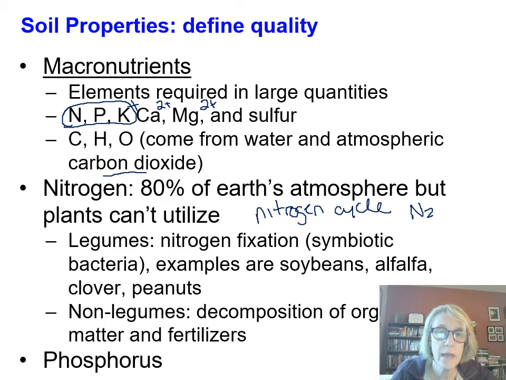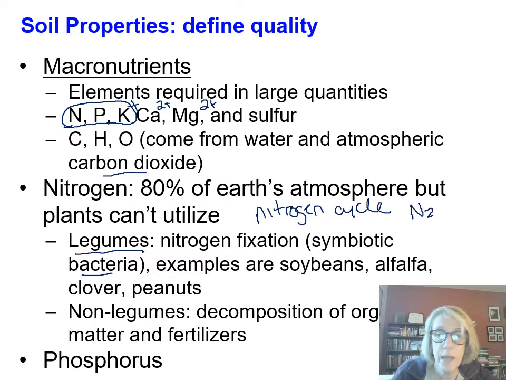And so one way to do that is certain plants actually have symbiotic bacteria that work with the roots, and they fix nitrogen. So soybeans, alfalfa, clover, peanuts are all examples of plants that are nitrogen fixers. And it's not the plant, it's actually the bacteria that's associated with it.